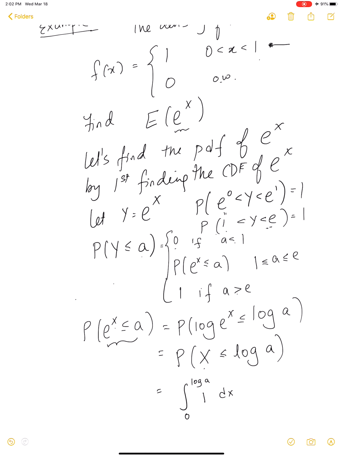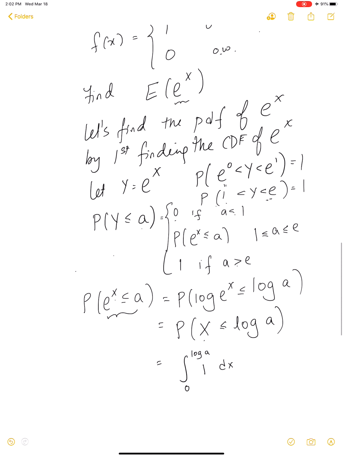And what is the density of x? That's 1, so I put in 1 over here, and this is assuming that a is between 1 and e. All right, and integrating 1, you get log a.